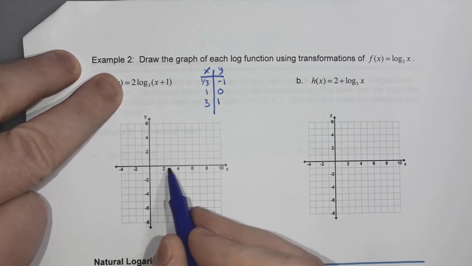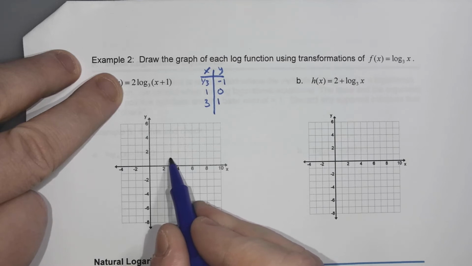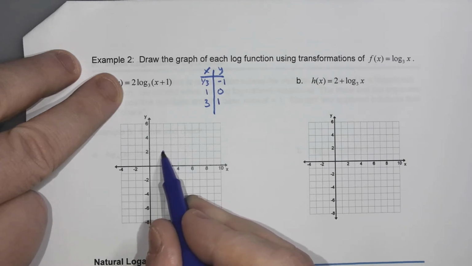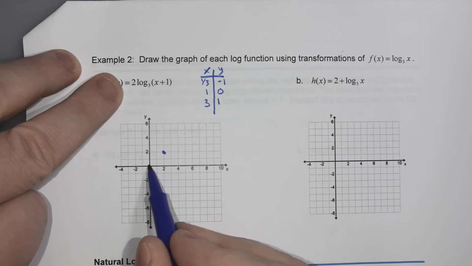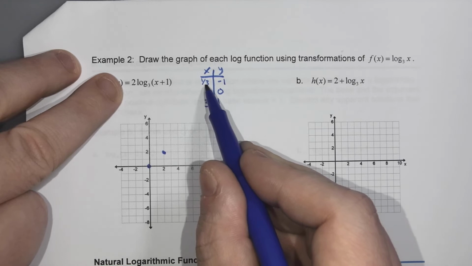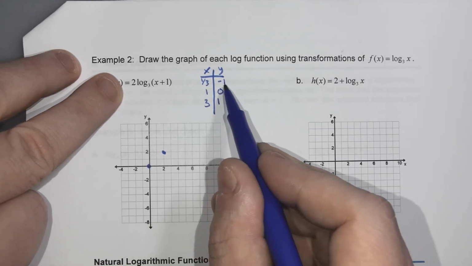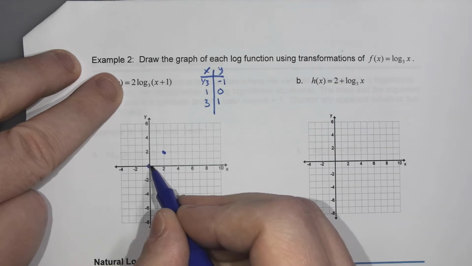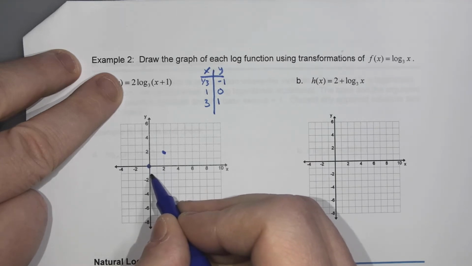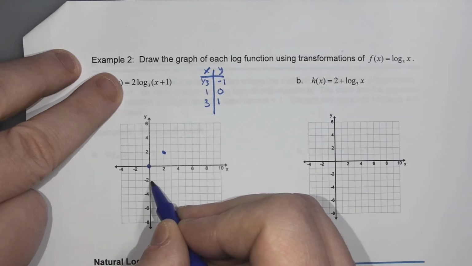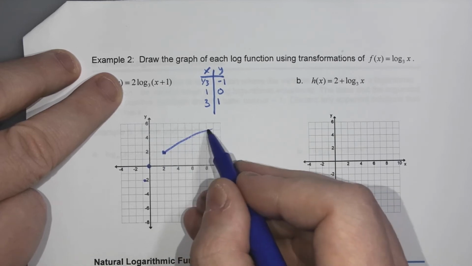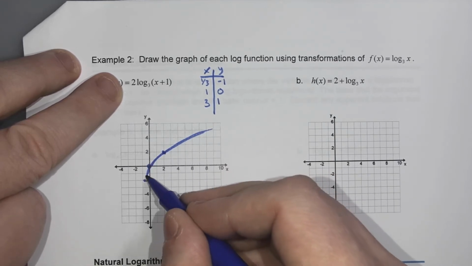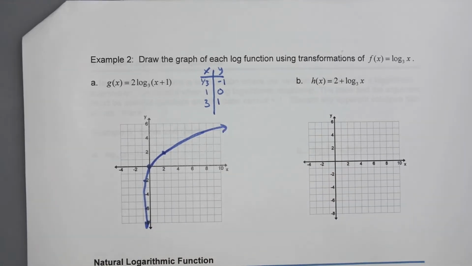So (3, 1) doubled becomes (3, 2), shifted left 1. (1, 0) doubled would still be (1, 0), because the y value doubled is still 0, shifted left 1. And then maybe the semi-awkward one: (1/3, -1) doubled becomes -2, and then shifted left 1, so instead of 1/3 it's at -2/3. So our graph will generally, with those 3 points at least, look something like that.